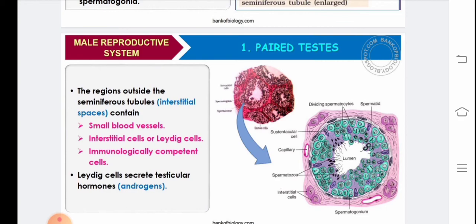This is very important. They may ask for 2 marks. The function of Leydig cell is which secrete a testicular hormone called as androgen. So the function of androgen is which controls the male accessory ducts and glands. Clear?